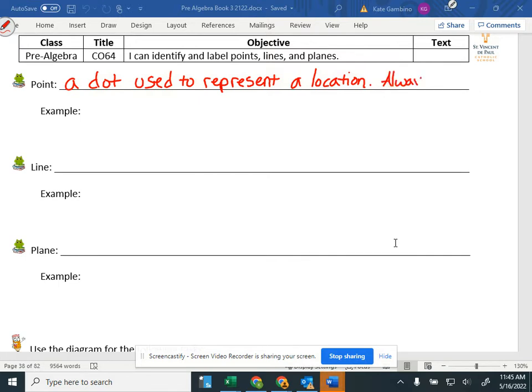Always written using a capital letter. So when we label a point, it's always a capital letter. So an example will look like that. We have our point A, and we call it point A.